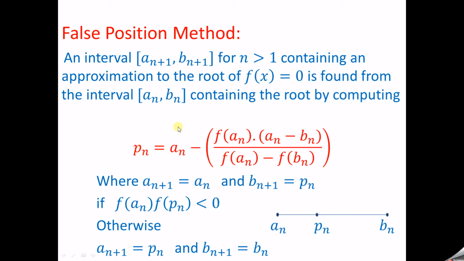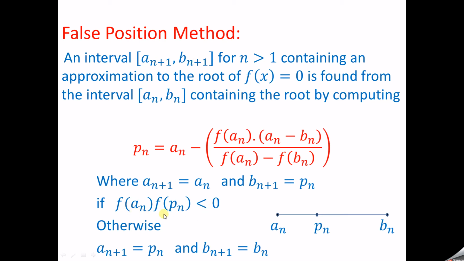After taking the secant method formula from the interval a_n and b_n, we are getting p_n. Once you get p_n, to get the next interval a_{n+1}, b_{n+1}, we have to check this condition.